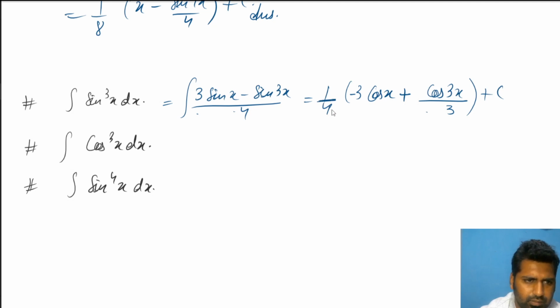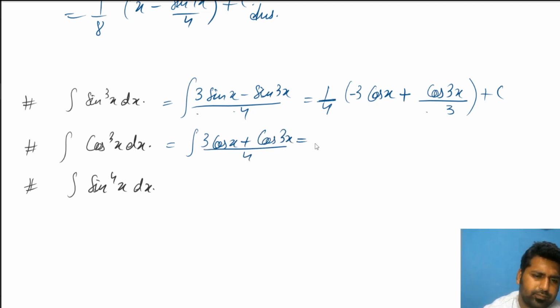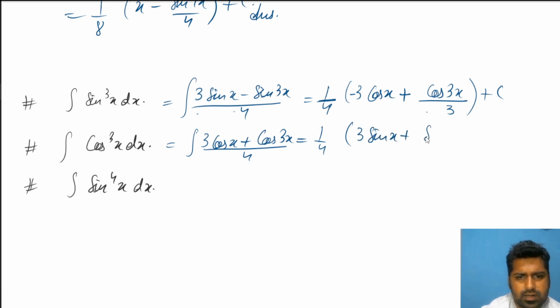Same with cos cube x. If you try to generate, it will come as integration 3 cos x, instead of minus there is plus, plus cos 3x by 4. So 1 by 4 again outside. Cos integration is sine, so 3 sine x plus cos 3x integration is sine 3x upon 3 plus c.